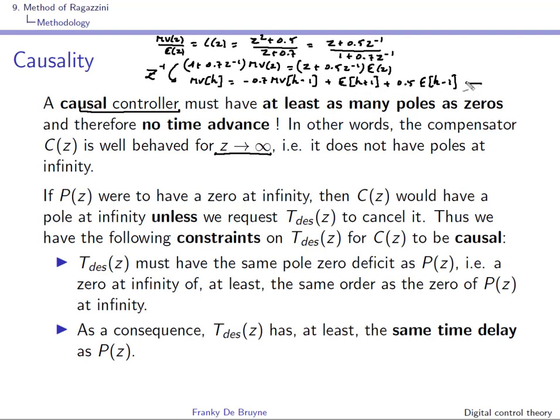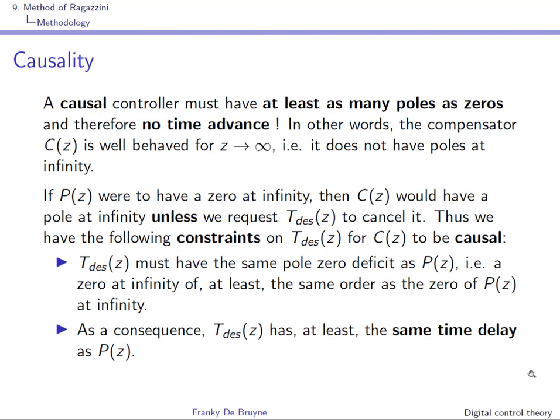This is not something that you can implement on a processor, so therefore you must have at least as many poles as zeros, and the controller must be well behaved when z tends to infinity, so it cannot have poles at infinity. So we want our controller to be causal, and this controller is coming from a design with the method of Ragazzini or with model reference control.